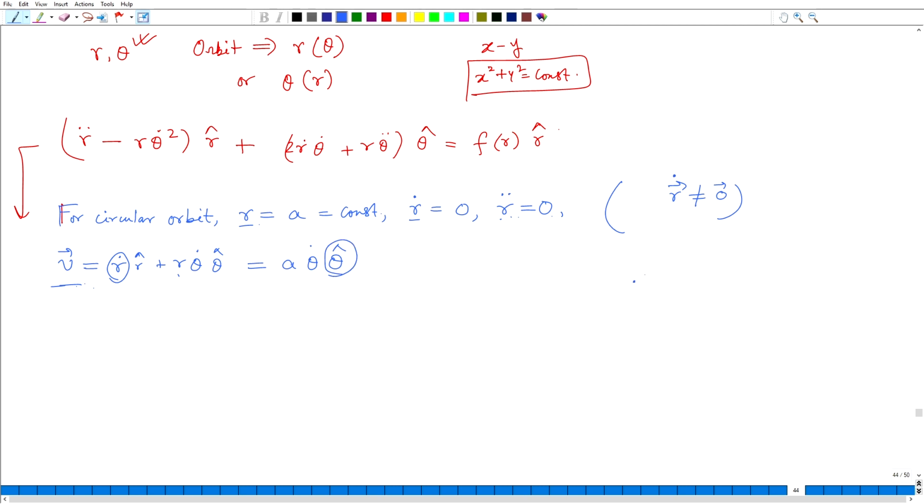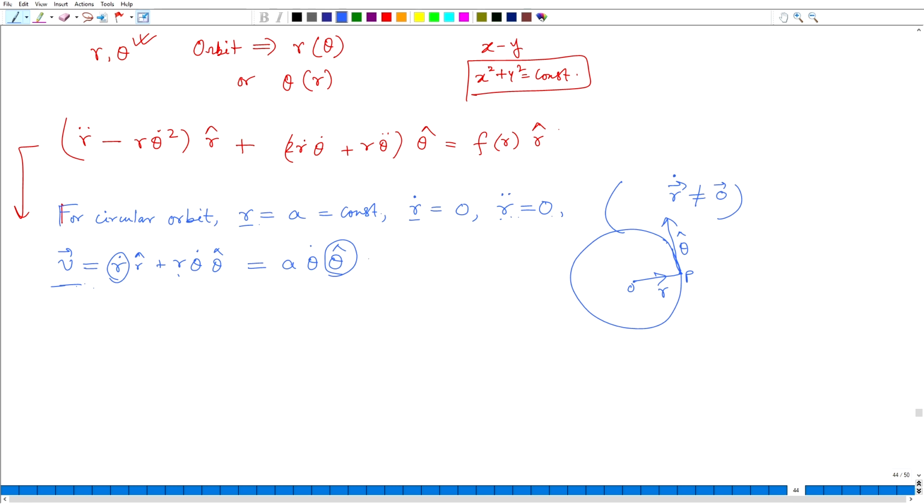So, if you have a center and a particle is moving like in a circle, okay, so the velocity is always tangential. So, the r cap direction is O P, and this is the theta cap direction.